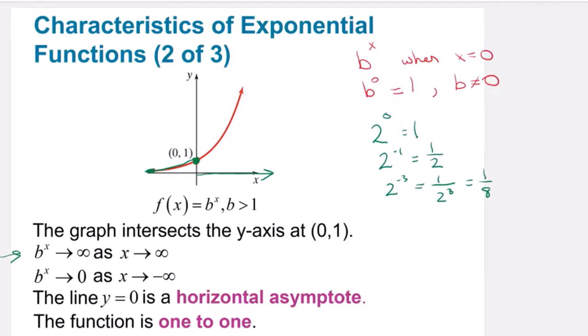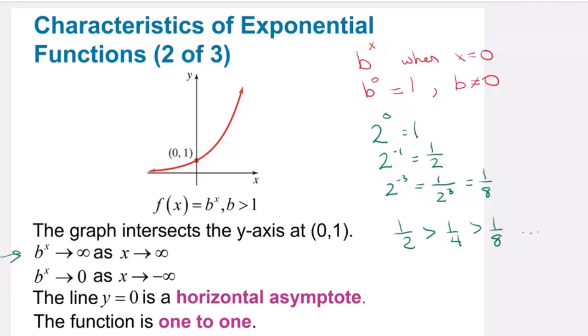Notice what's happening as I make my x more and more negative: the fraction gets smaller. 1/2 is bigger than 1/4. 1/4 is bigger than 1/8, and so on. The bigger the denominator, the smaller the value of the fraction itself.